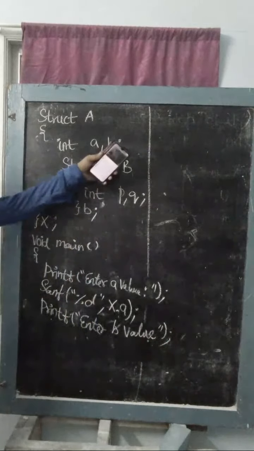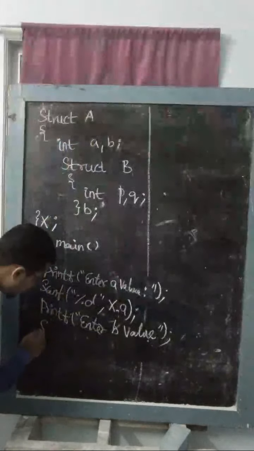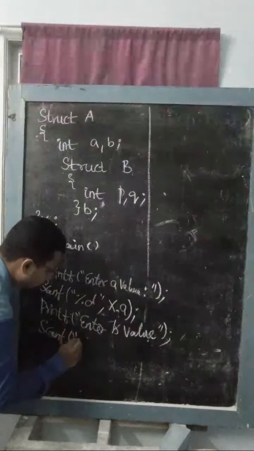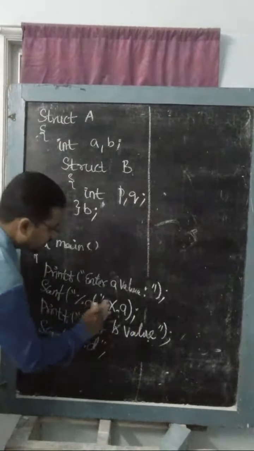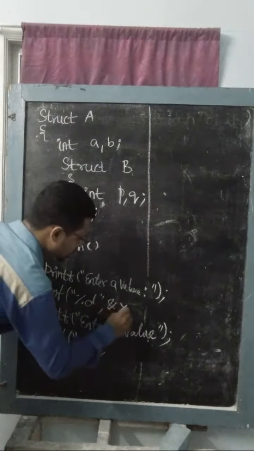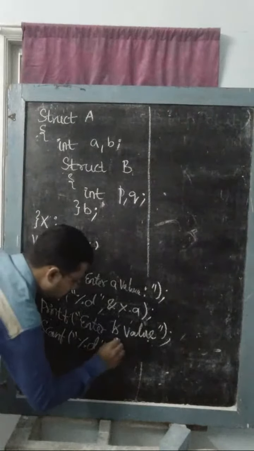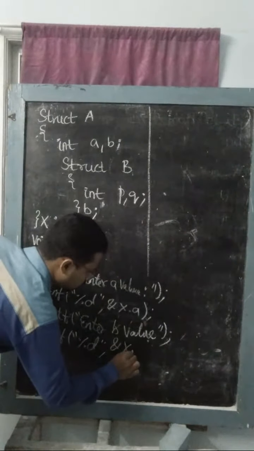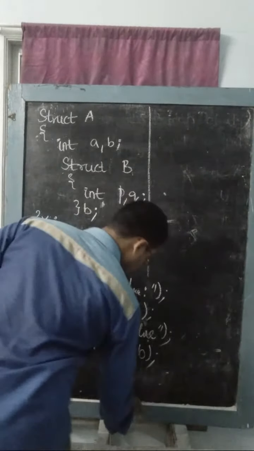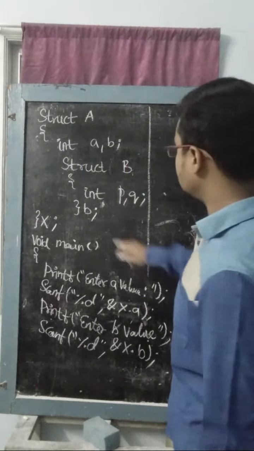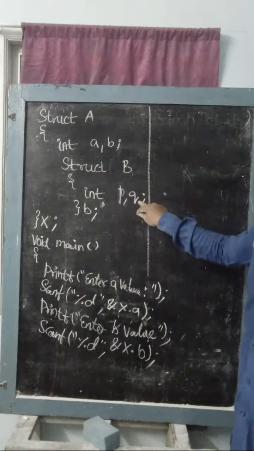B is also an element of the A structure, so scanf percentage D, and here you need to put address of X dot B. You got it? Okay. Shall we move to the next one? That is structure B. How can we access the P and Q elements? That is a new thing for you.